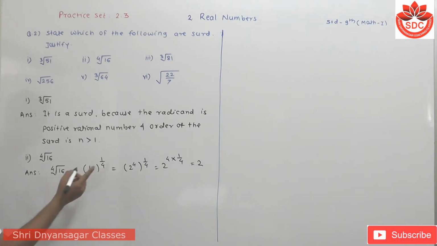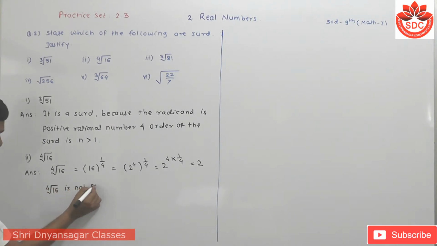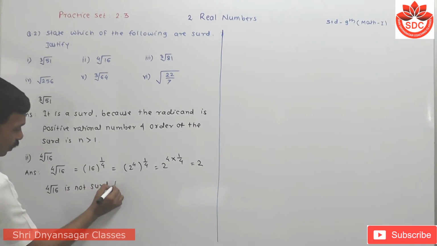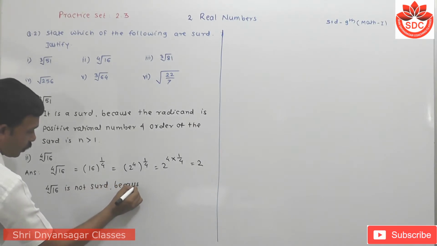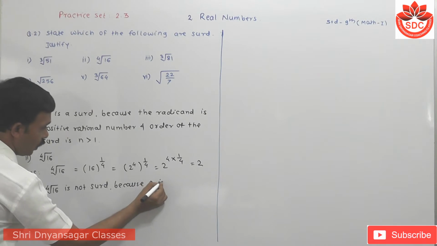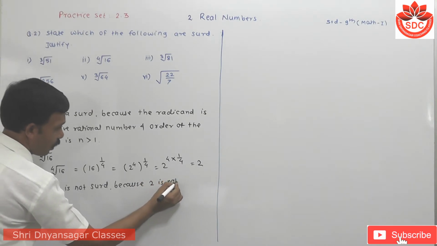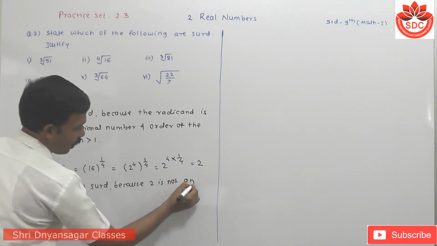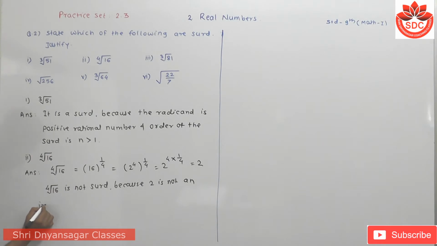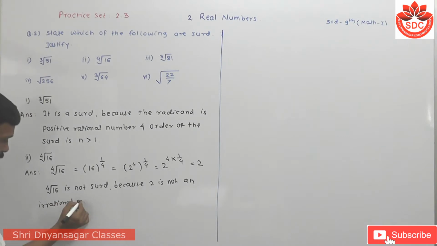So write here: the 4th root of 16 is not a surd because 2 is not an irrational number.